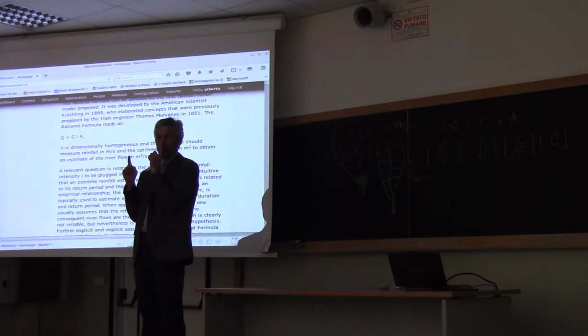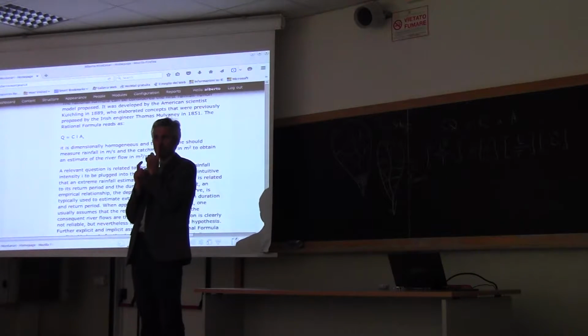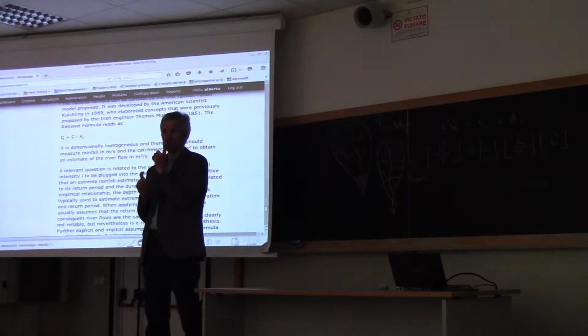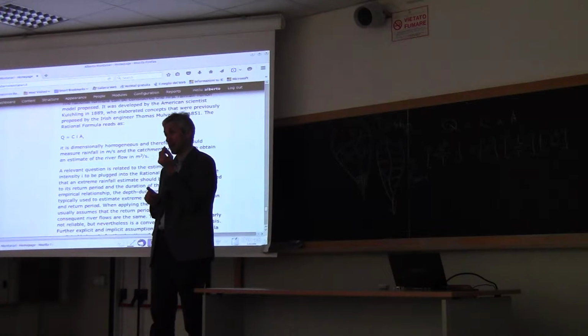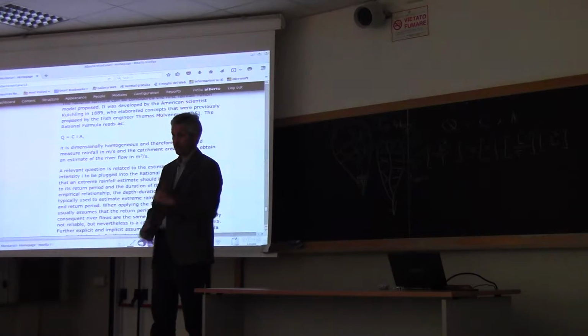So it's an intuition that the time of concentration is a critical time. It's intuitive. Why is that? Because it's the time where you get the contribution from the whole catchment. And you can understand that moving beyond that time is not a good idea. Why is that? Because the rainfall intensity would decrease and the contributing area wouldn't increase.